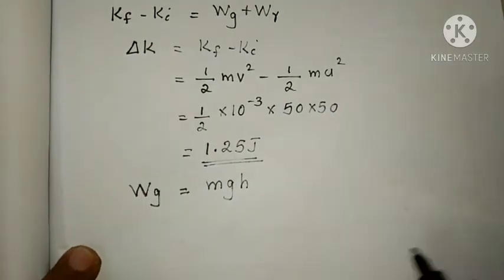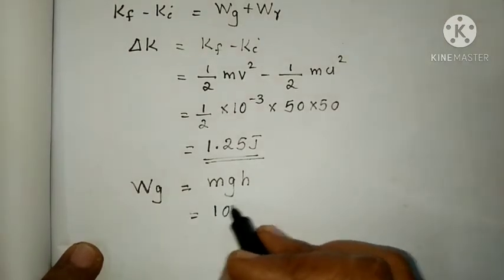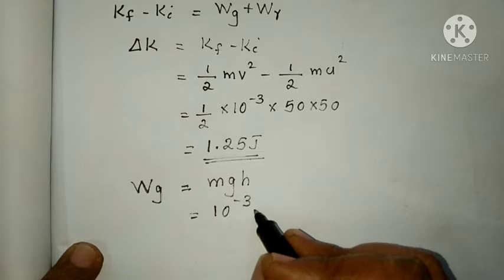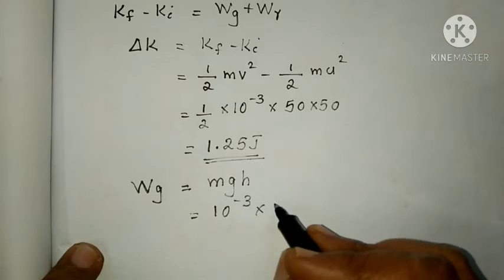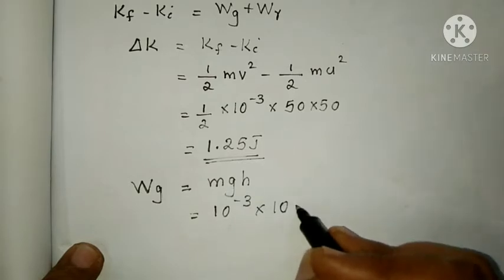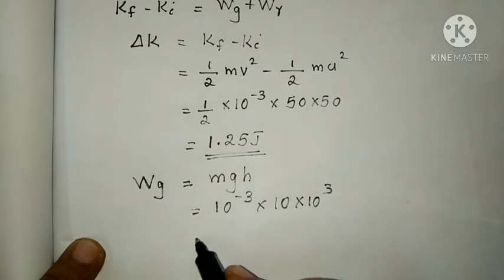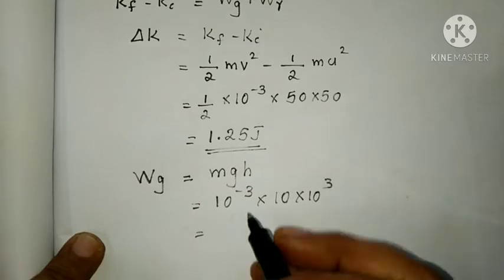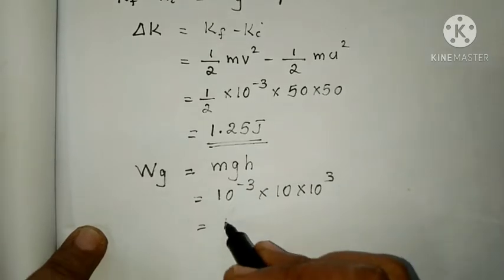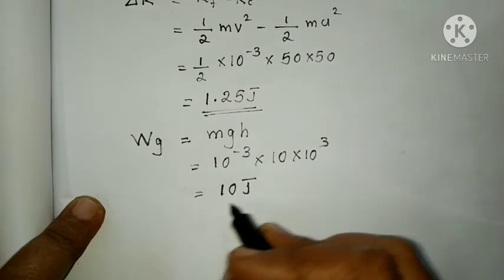The mass is 10 raised to minus 3, g is 10 meter per second square, and height is 10 cube. So 10 raised to minus 3 and 10 cube will cancel, and what is remaining is 10. So, work done by the gravitational force is 10 joule.